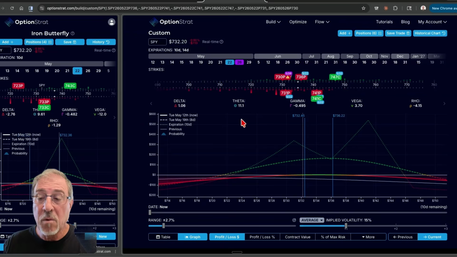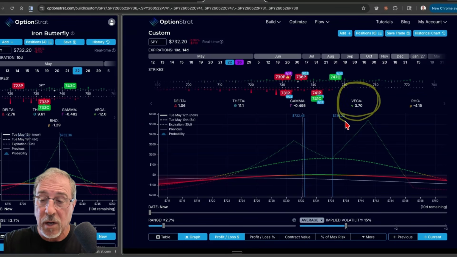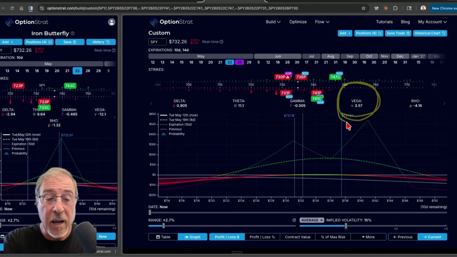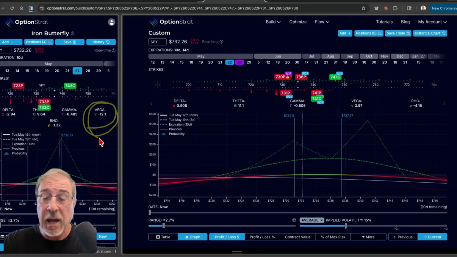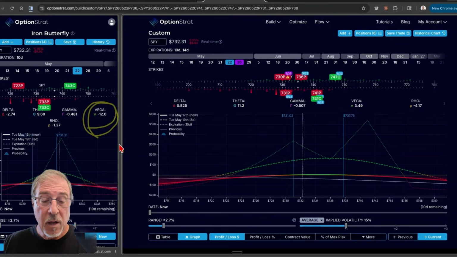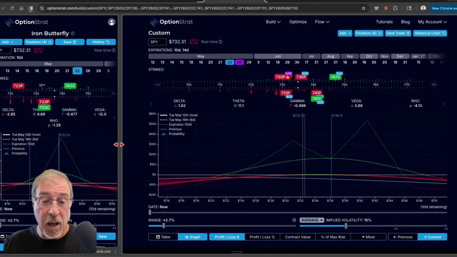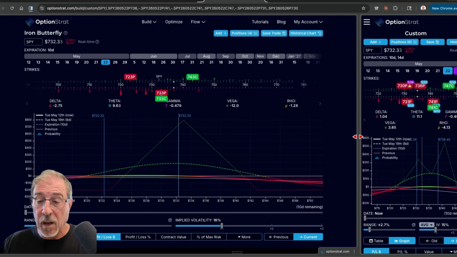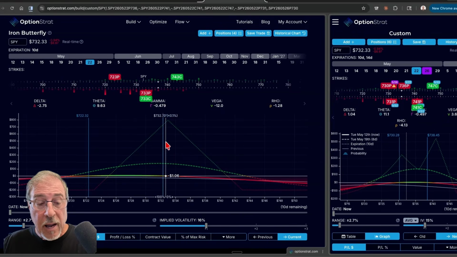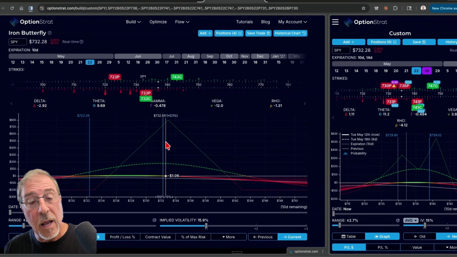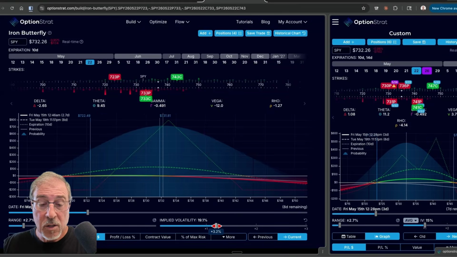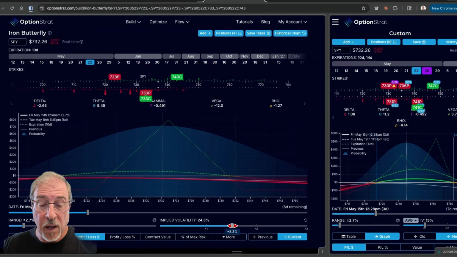Now, here's a really key point that we need to understand here. The Flyagonal is vega positive. The butterfly is vega negative. So what does that mean in real life if I'm trading this trade? Well, let me widen this back out here a little bit for you. And let's just say that we're in this trade and our market starts to drop. Let's look at what that does to the butterfly trade.